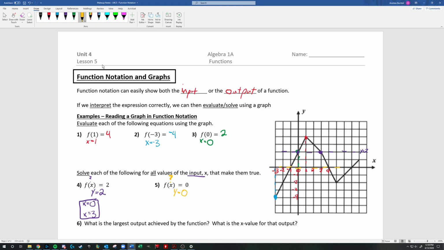And we want to look all the way across the graph because I find that there are 3 points that work here. We have one at x equals -1, x equals 4, and then if we keep counting out, we could see 5, 6, 7. X equals 7 is our last answer.